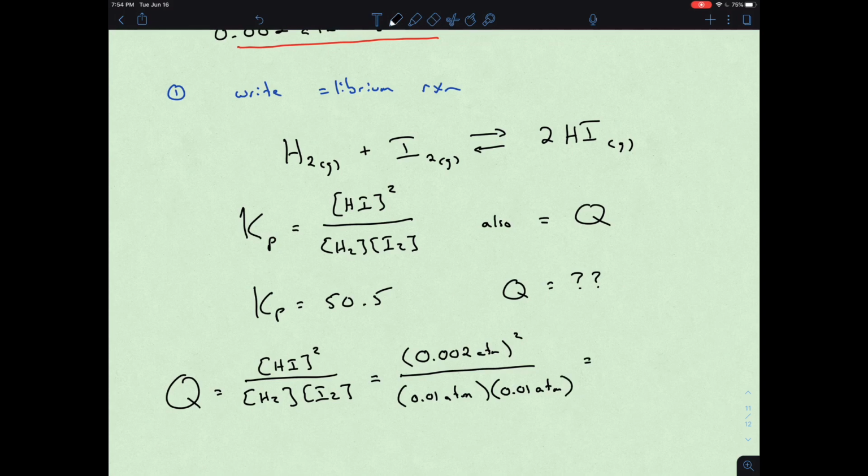And when we do that calculation, we get a value of 0.04.